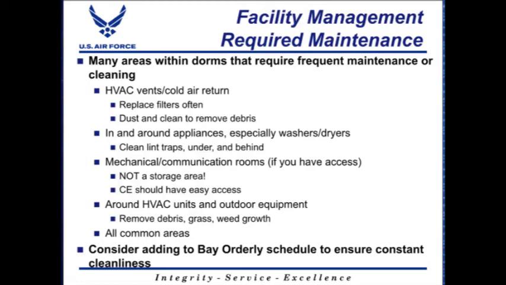So what we find a lot is we'll have 4 and 5 foot tall weeds and grass and debris that are all around the HVAC units. Grass that'll collect along the outside edges of the coils for HVAC units.